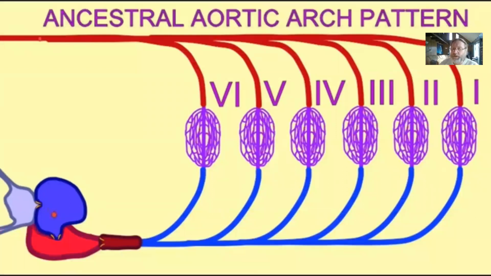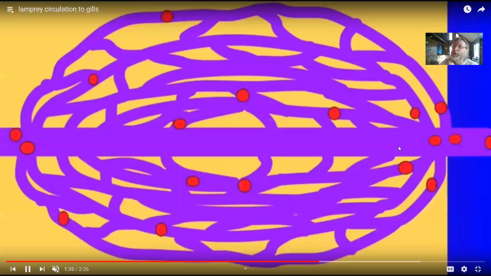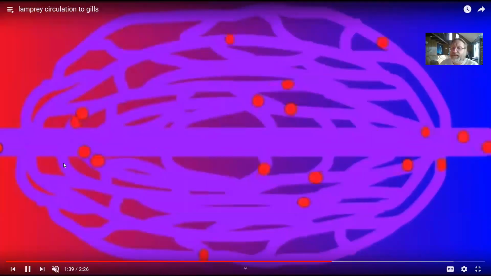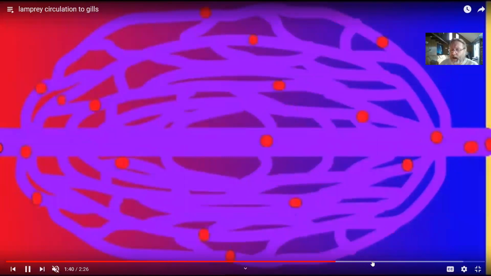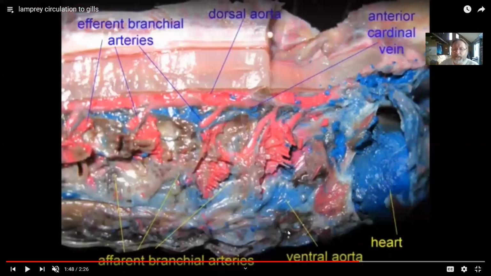Gas exchange occurs in the gills, so deoxygenated blood reaches these capillaries, but then oxygen is removed from water, so the blue deoxygenated blood, which comes to the gills, leaves as red oxygenated blood.